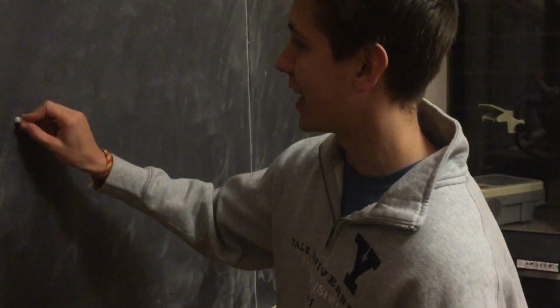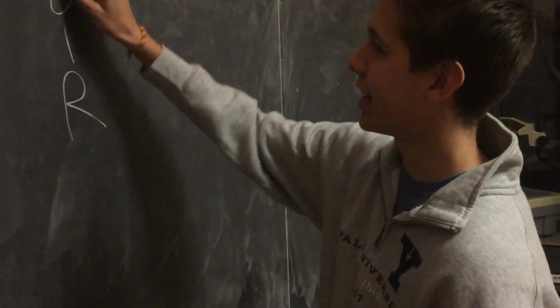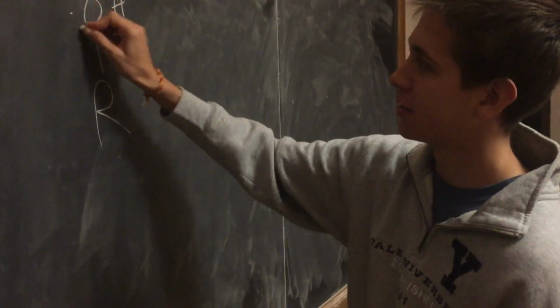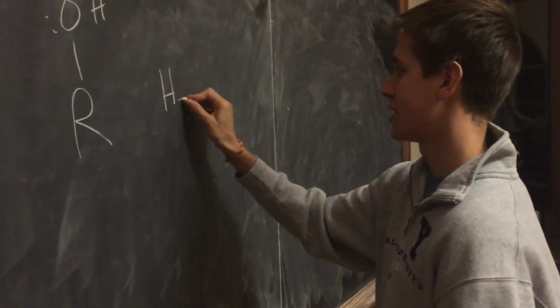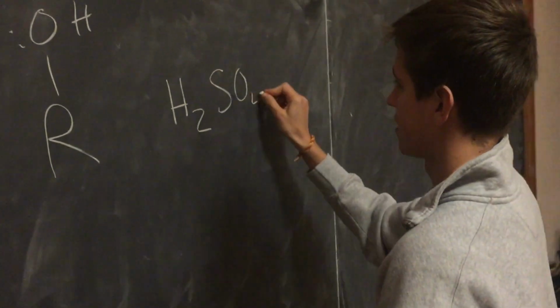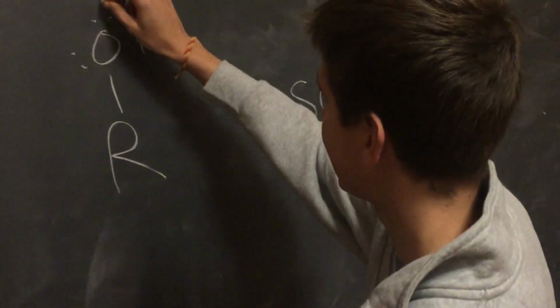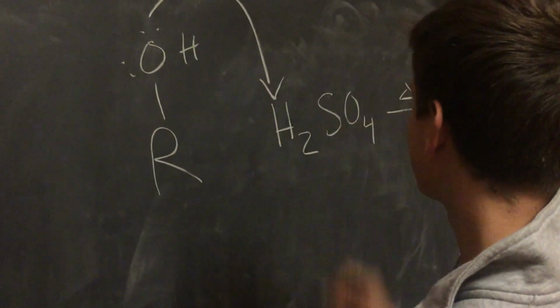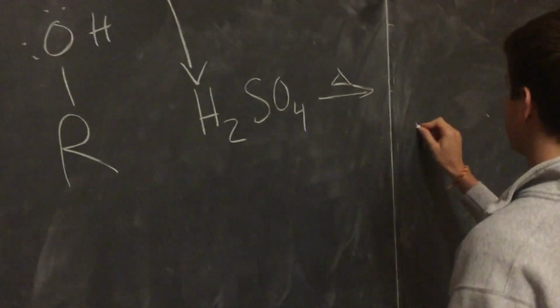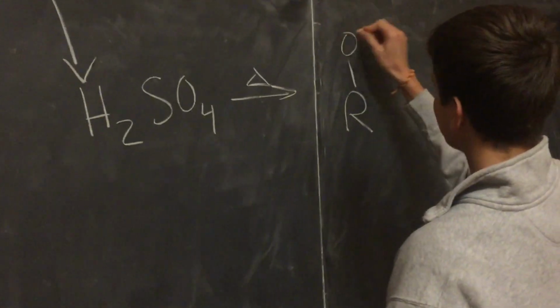Another way to form an ether is if you have a primary alcohol, strong acid, and heat. This primary alcohol will deprotonate the strong acid, giving you the following.